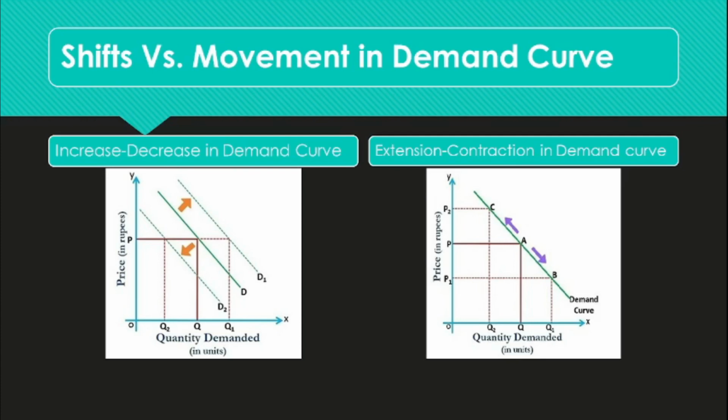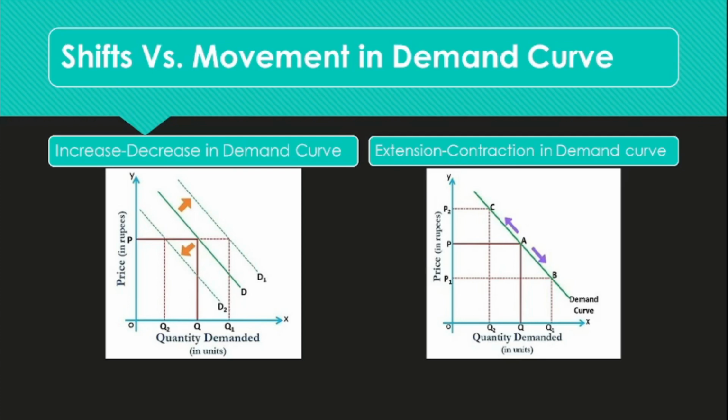Now, why is this concept important in managerial economics? It is important from the perspective of business decisions, from the perspective of a manager, if he wishes to take a decision regarding how to maximize his sales revenue. So he will see that in the case of panel A, increase and decrease, the demand is shifting not because of the changes in the price, it is happening because of the changes in other things.